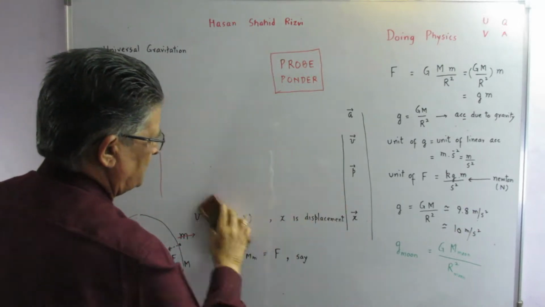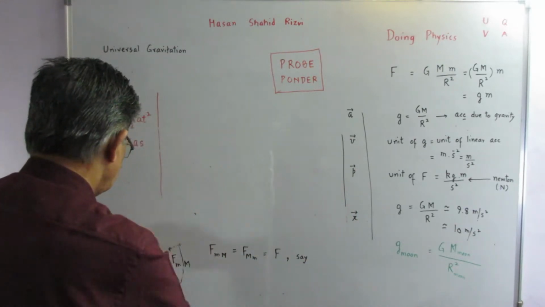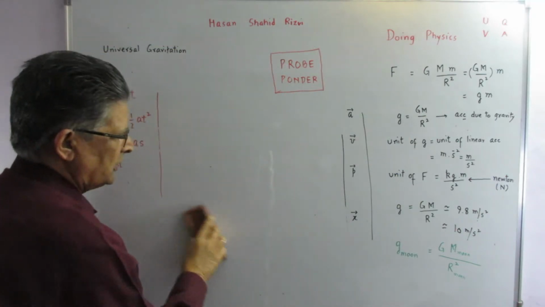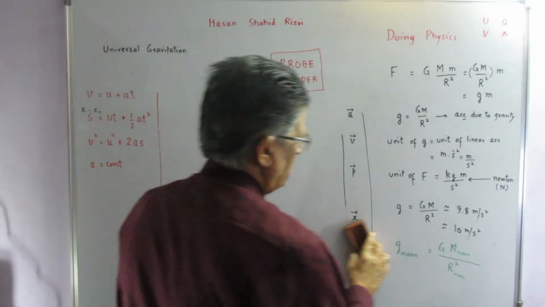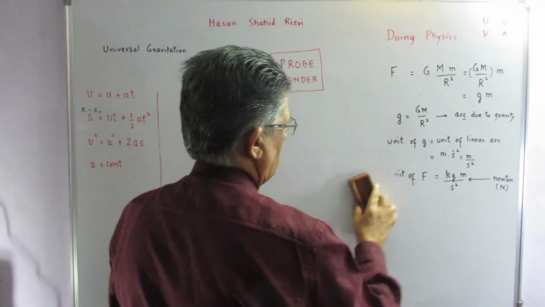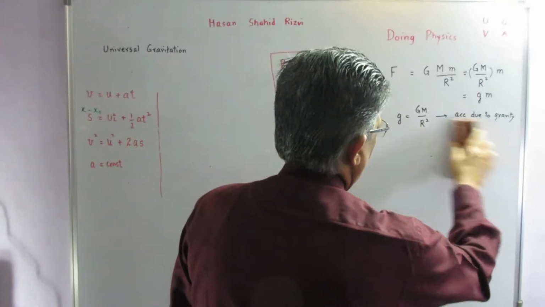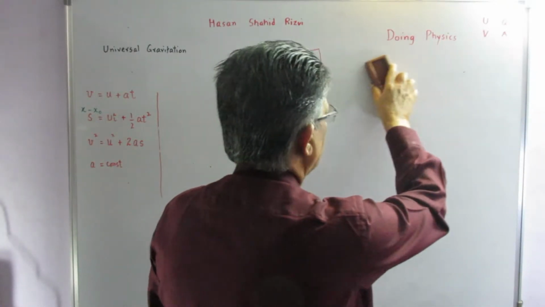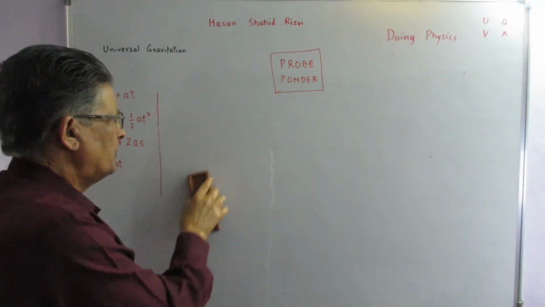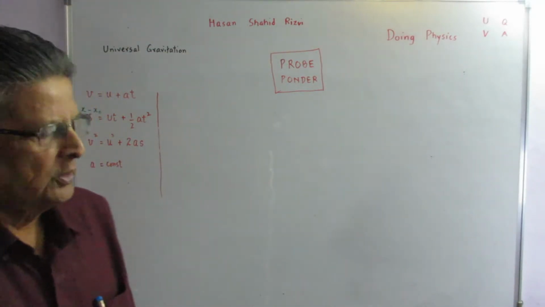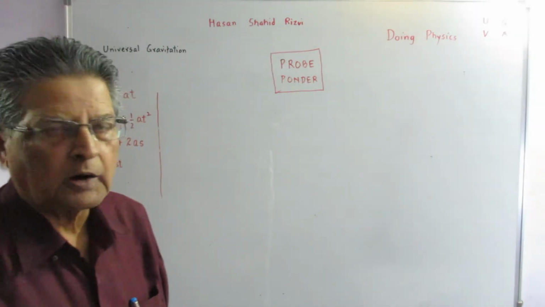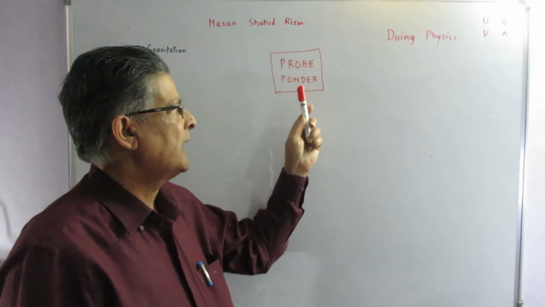I take off from the previous lecture where we discussed the acceleration due to gravity, small g, and we'll come back to this topic. Like I said before, these were certain things just to provoke you to the two things which are probe and ponder.